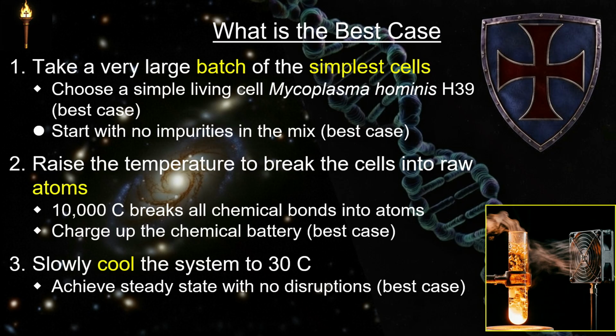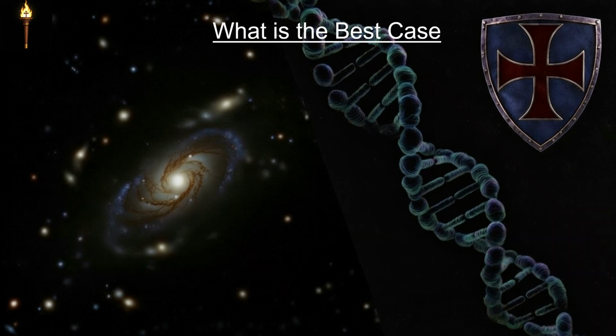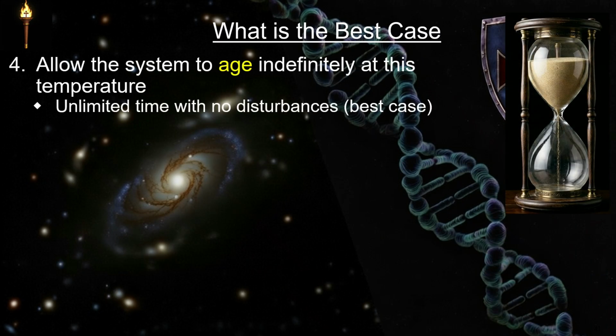And because we're slowly cooling the system, we achieve steady state with no disruptions. The alternative would be you start at a high temperature, you go down, then somebody adds energy to the system, so the temperature goes up and down. So we're not talking about an oscillating temperature. It's just slowly cooling. Then we allow the system to age indefinitely at this temperature. So we have unlimited time with no disturbances, again, a best case.